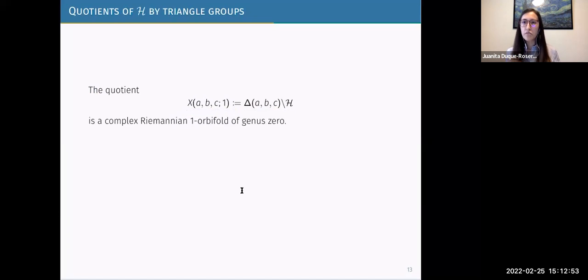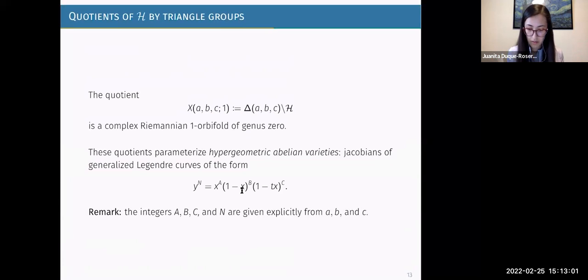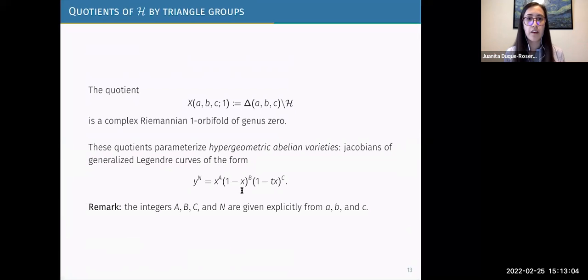And why do we care about studying these curves? Modular curves were really important to understand elliptic curves. These curves are actually important to understand other geometric objects, and these are called hypergeometric abelian varieties. These varieties are just Jacobians of generalized Legendre curves that look like this.